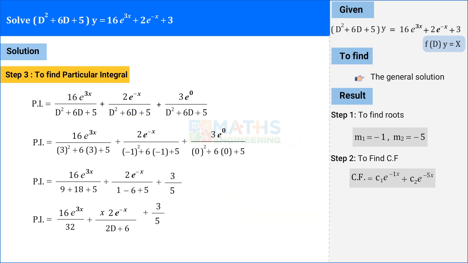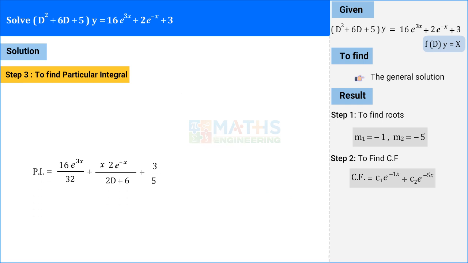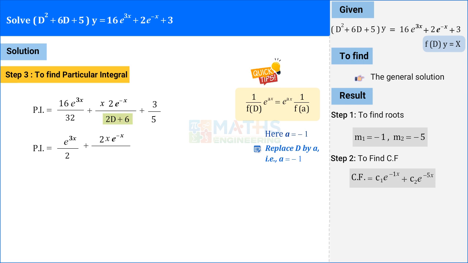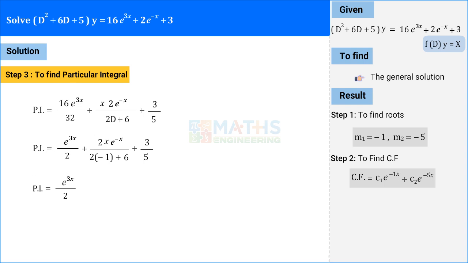The last term becomes 3 e power 0 by 5. Now again in the second term we replace D is equal to a, which is minus 1 here. This is our particular integral.